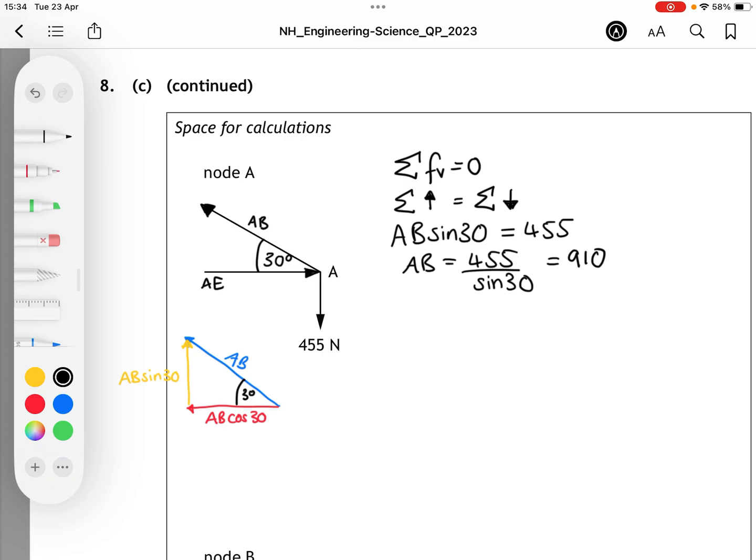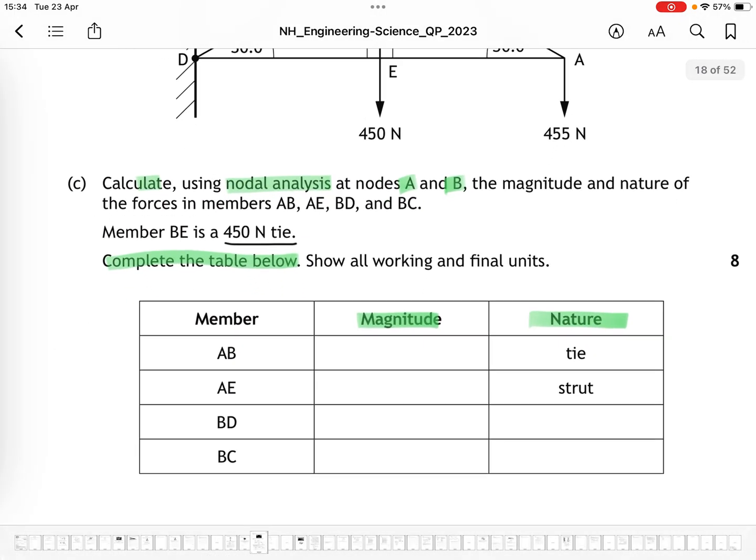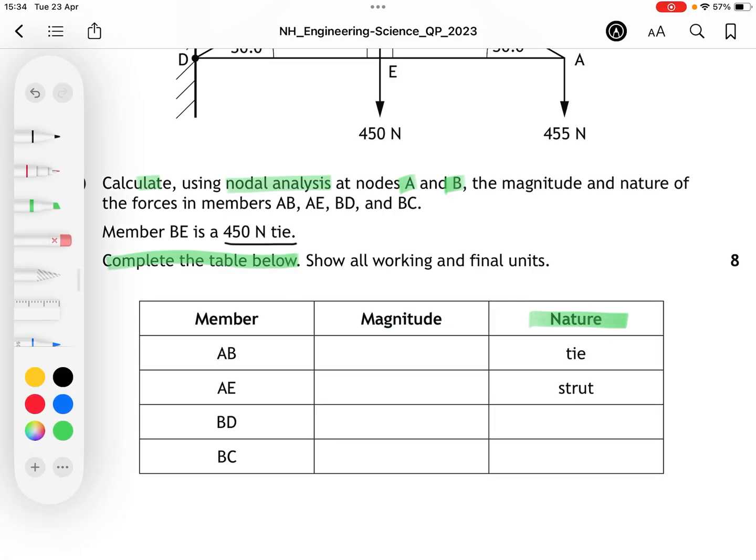Don't forget that you have to put this back into your table. So I'm going to say newtons and double underline it, but I'm straight away going to go back a page and fill that in. So here now then, I have that AB is 910 newtons, and it is a tie.